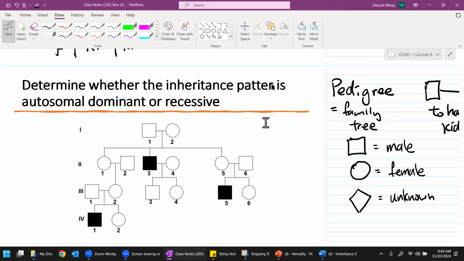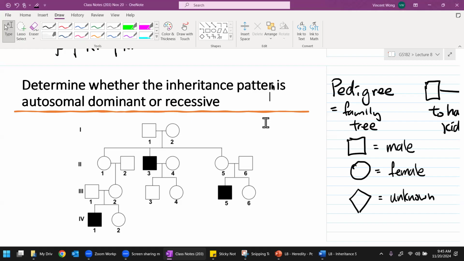Autosomal means the allele is carried on chromosome 1 to chromosome 22. If something is sex linked, then it's carried on X or Y. I will not ask you about sex-linked inheritance in a pedigree question. In a pedigree question, your only job is to figure out whether it is a dominant or recessive pattern. That's the only thing you have to tell.